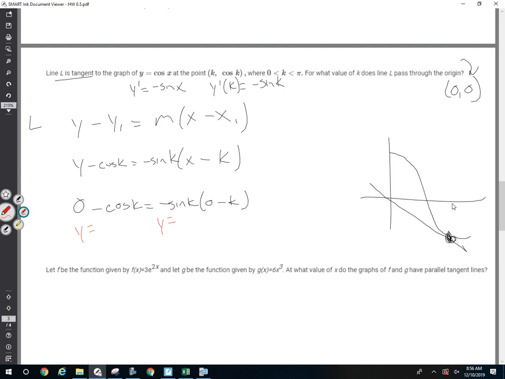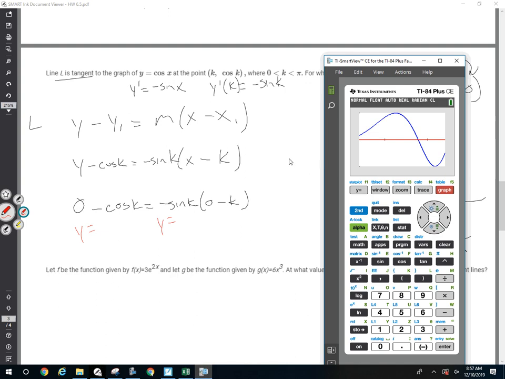And I bet I'm somewhere between pi over 2 and pi because I can kind of see that's going to pass right there. So let's see. Y equals negative cos k. You could use x's, okay? Don't worry about k's. And then y equals negative sine k times negative k. So that turns into positive k sine k because the negative and the negative cancel.